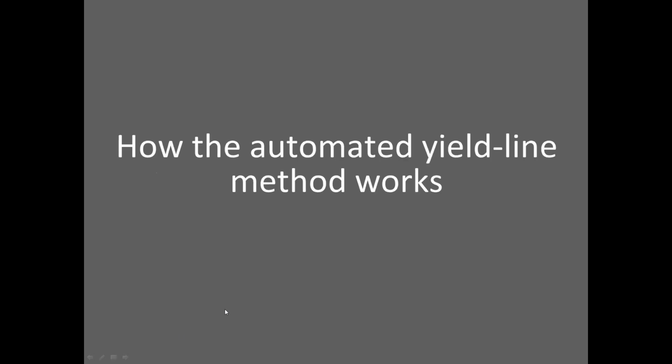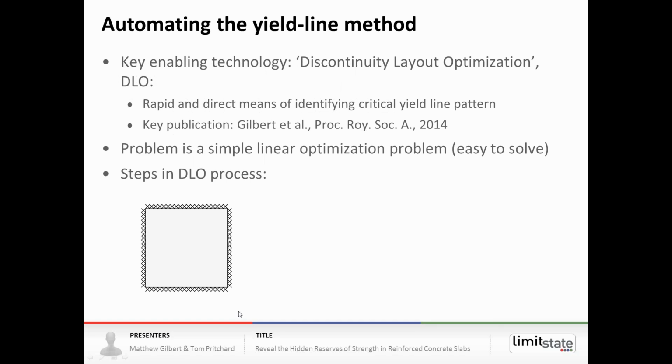Okay, so I'll say a few words about how the method works before handing over to Tom. The technology that's used is something called discontinuity layout optimization, or DLO for short. It was published in the well-known science journal, Proceedings of the Royal Society, in 2014.